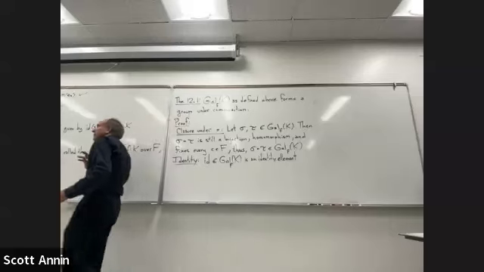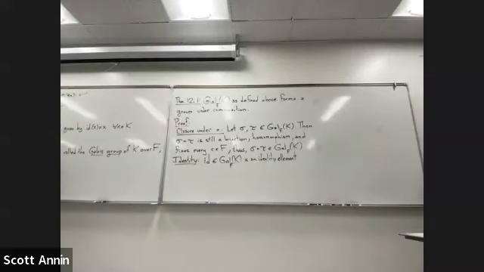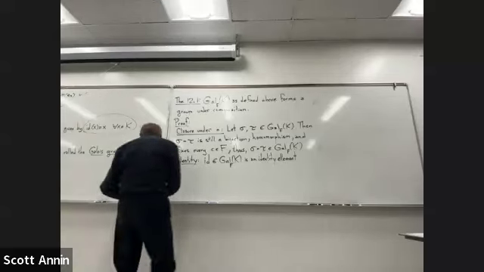Not to brush over that too quickly. Remember, an identity element is one that when you multiply it by anything else, just leaves that other thing alone. Well, if you took this function and composed it on either side with some other sigma, then the effect on x would be whatever sigma of x is, right? So that's pretty reasonable.